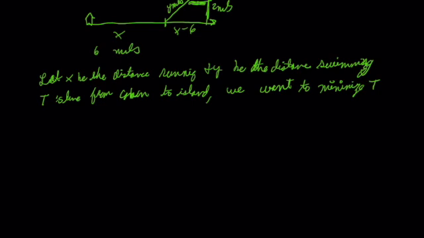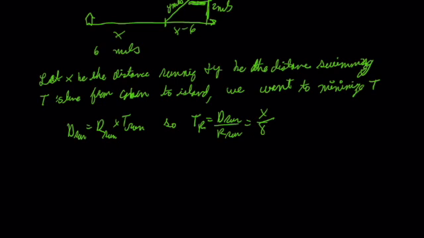So my distance run is going to equal my rate running times my time running. So my time is going to be distance run over the rate running, which is x over 8, because that's my rate.